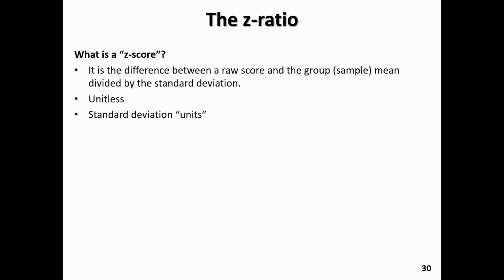This produces a unitless value, or stated differently, scores expressed in standard deviation units. The z-score calculation takes a single participant's score, a single case in one group, subtracts the group average, and divides by the standard deviation of that group.